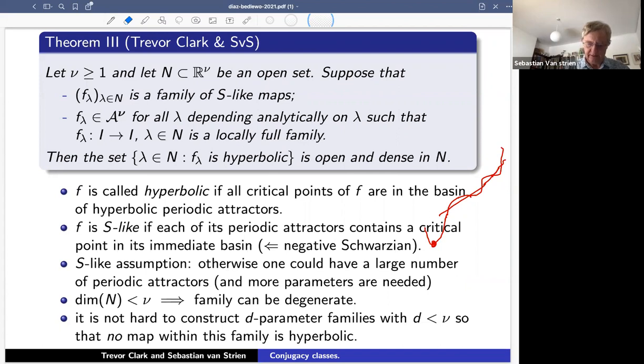And well, somebody asked already about what I mean by hyperbolic. In general, of course, this means you have this decomposition of the non-wandering set into particular pieces with this splitting and so on. In this case, it's much easier, because in the one-dimensional case, it means that all critical points are in the basin of a hyperbolic periodic attractor.